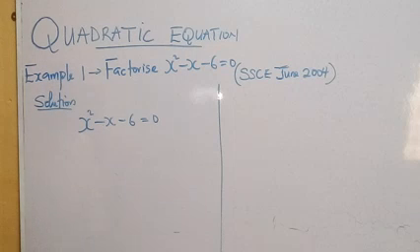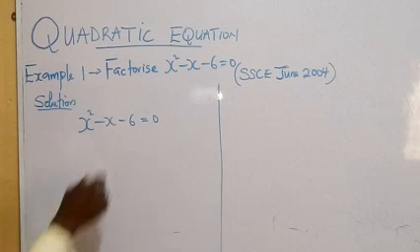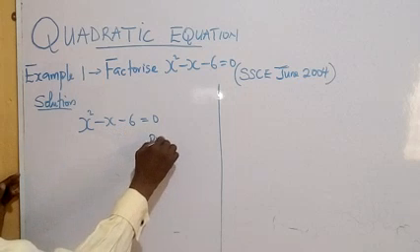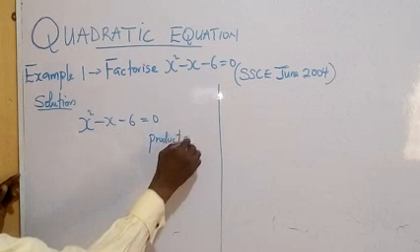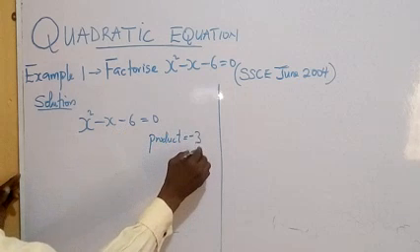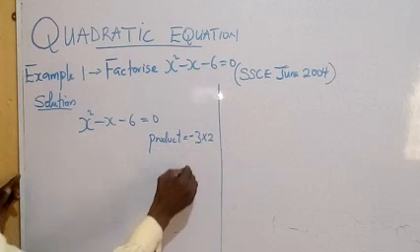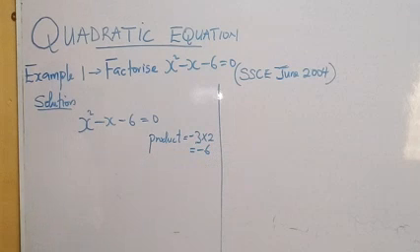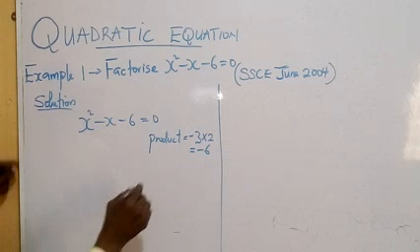The first step is to look for the factors whose product gives the constant, which is -6. What will be the product of -6? We can say -3 multiplied by 2, which is -6. And what will be the sum that can give us the coefficient of x?